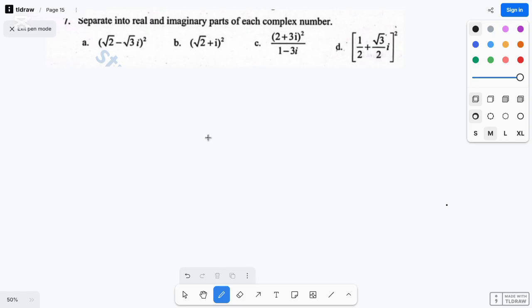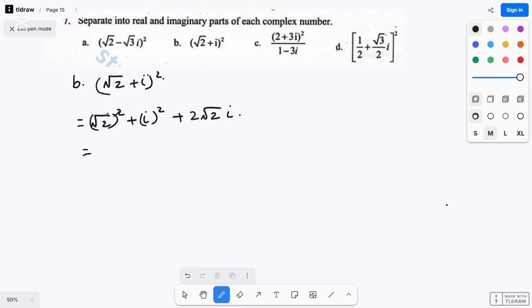Question number 7, section B: (under the root 2 plus iota) whole square equals the square of the first term plus the square of the second term plus 2 into first term and second term.